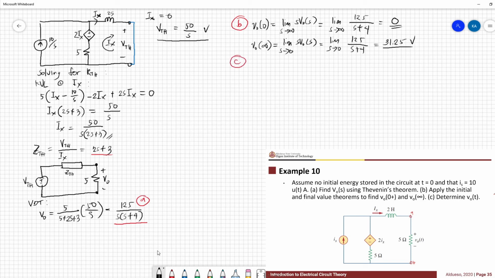So first, let's use partial fractions to determine Vo of t. Vo of s is equivalent to A over s plus B over s plus 4.